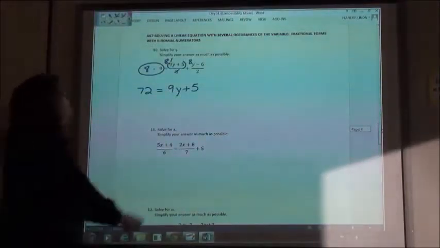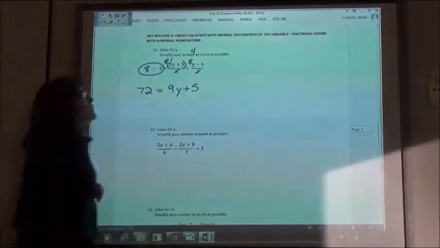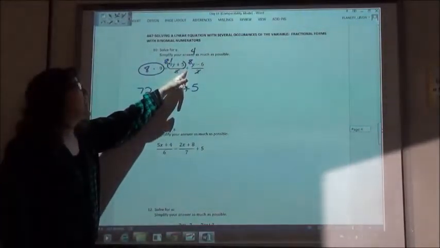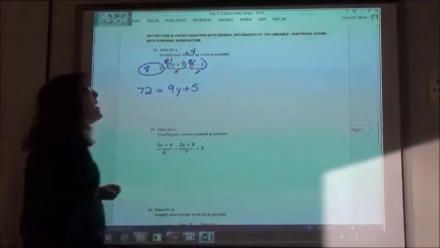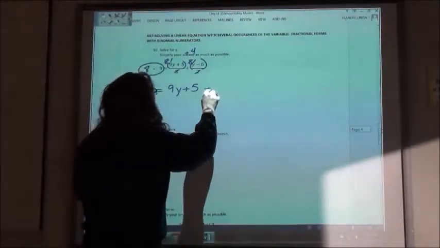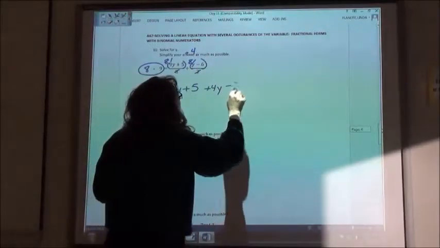On the second one, 2 goes into 8 4 times, right? I want to pay attention to the sign that's in front of that fraction. It's a plus sign. So I'm multiplying both of those things by a positive 4. So I'm going to get a plus 4y, and a positive 4 times a negative 6 is a minus 24.